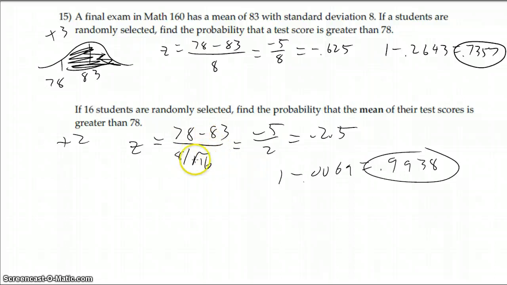We have to divide by the square root of 16, and we get negative 2.5 standard deviations, same picture, but much larger percentage chance, because if you look up negative 2.5, that's only 0.0069, subtract that from 1, so the area to the right there is 0.9938. So pretty certain that the class average would be above 78 in this case.